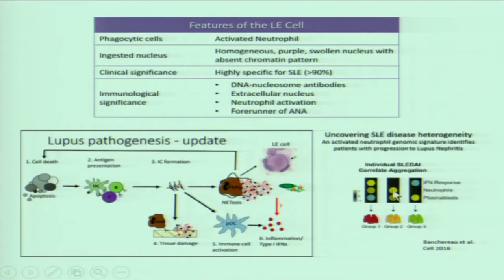You can see that there were two of them, in particular one that was characterized by the neutrophil activation that I described to you in the context of the LE cell. And actually, those were the patients that progressed to having lupus nephritis. So once again, this pathogenic cascade is very important, and it may explain some of the lupus groups and clinical manifestations.